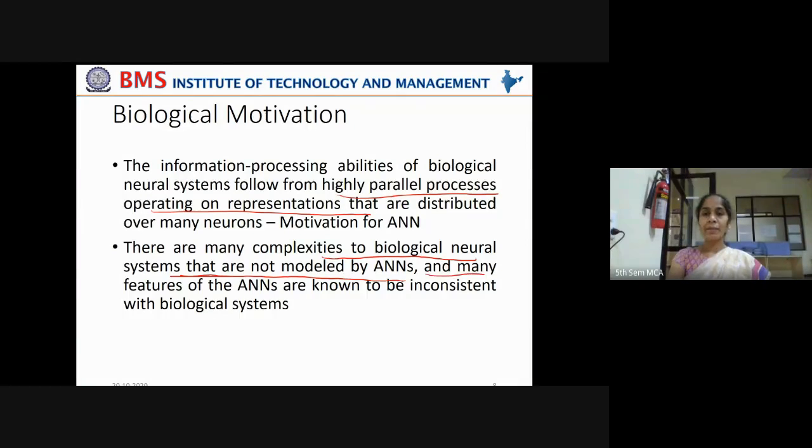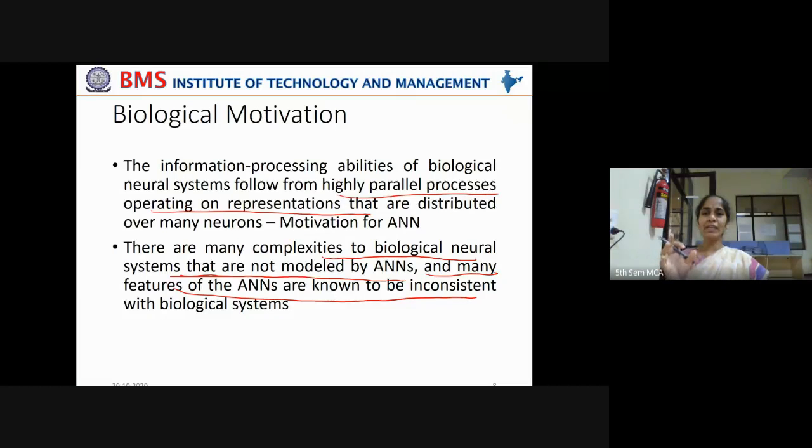Okay, and many features of the artificial neural networks are known to be inconsistent with biological systems also. Sometimes, say, you are giving multiple inputs, you are getting a single output. You are giving a single input, you are getting multiple outputs. Not a single input, but a smaller number of inputs, but you're getting a larger number of outputs.